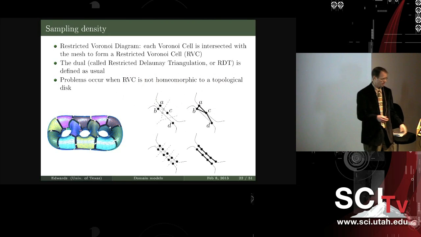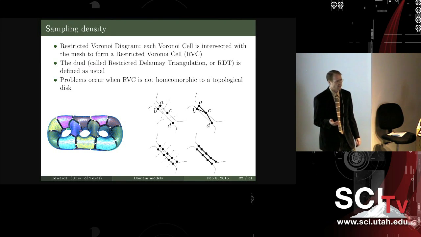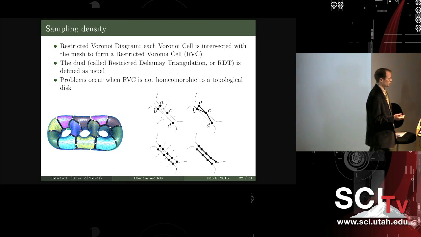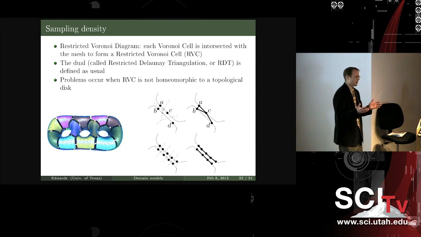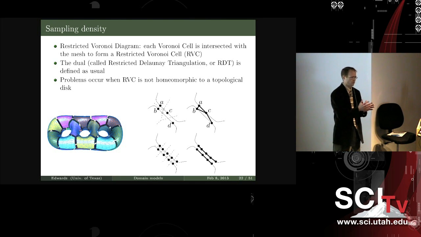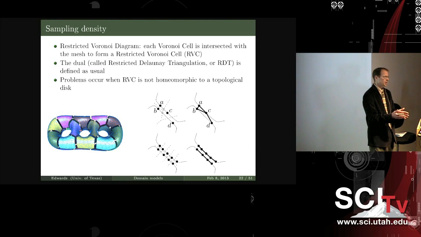Now, CVT typically does a very good job of this, but there are certain cases where it doesn't. And the reason is that, you can see in the little diagram on the bottom right, we have a surface, and it's approaching another part of the surface that's geodesically very distant, but in Euclidean space, it's very close.